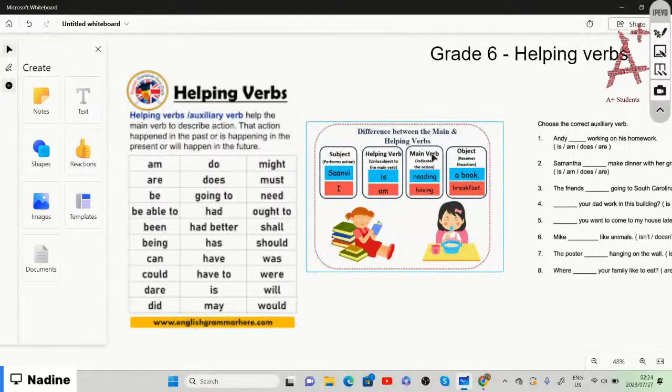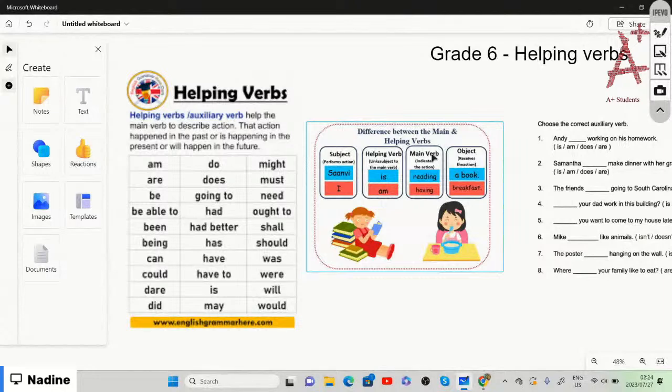So remember, the helping verb or auxiliary verb helps the main verb to describe the action.